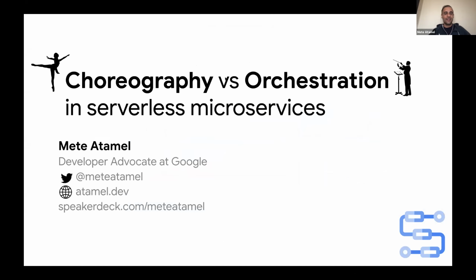And today's topic is not strictly DevOps per se, because I'm going to be talking about how to deploy microservices using orchestration and what are basically the pros and cons of orchestration. And as I do that, I will contrast that with choreography.